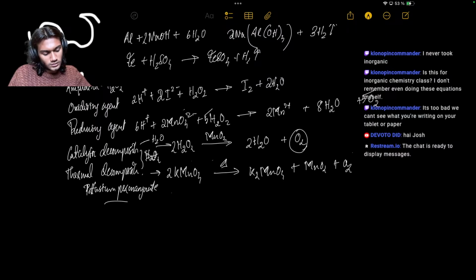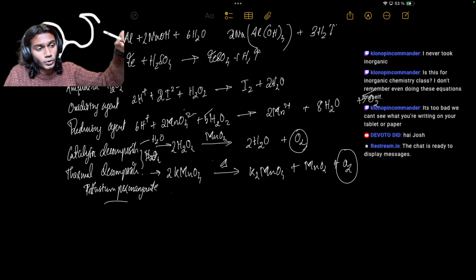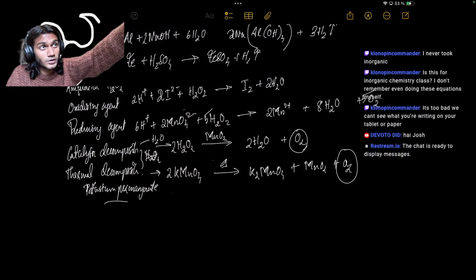This oxygen was tested in the experiment. We have to find out if oxygen is produced, and we would light up a wooden stick and put it into the test tube where this reaction occurs.